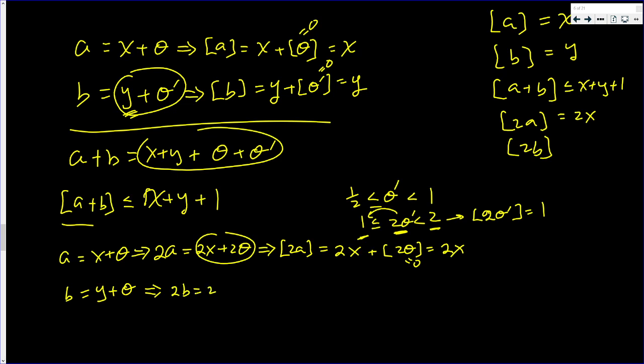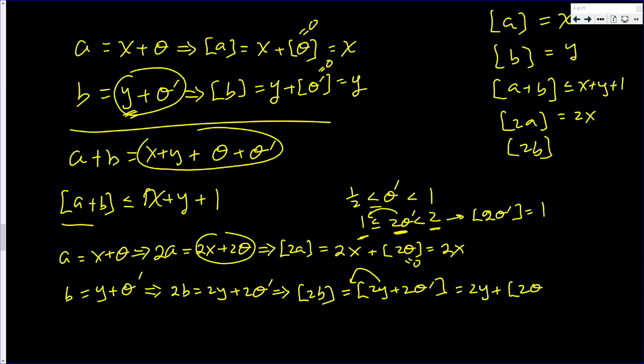Multiplying both sides by 2, we have the greatest integer of 2b is equal to the greatest integer of twice y plus 2 theta prime. The integer can come in front, and the greatest integer of 2 theta prime is 1. So it's exactly equal to 2y plus 1. Okay.